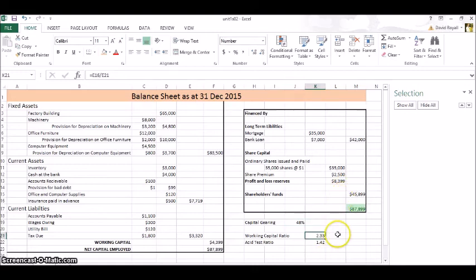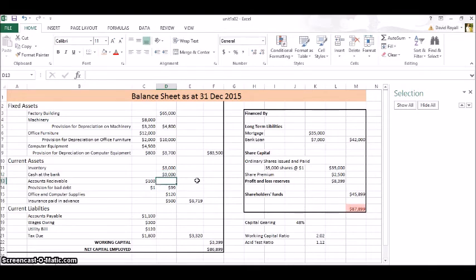Our working capital ratio is still looking very good, so we might be tempted now to spend some more cash, say, on inventory. So let's spend an extra 1,000 on inventory.